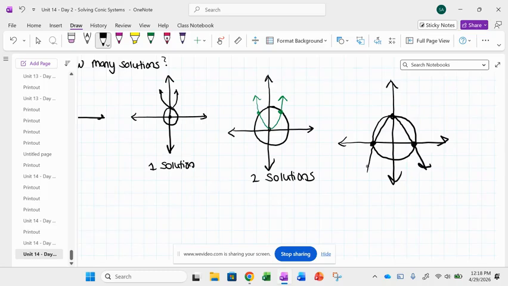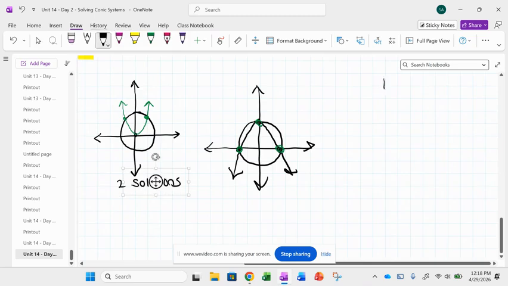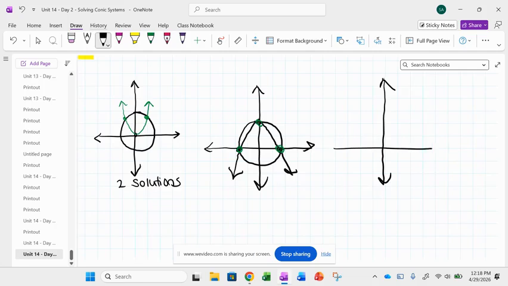Can we have three solutions? Yes. This looks a little weird, but we get the idea, right?